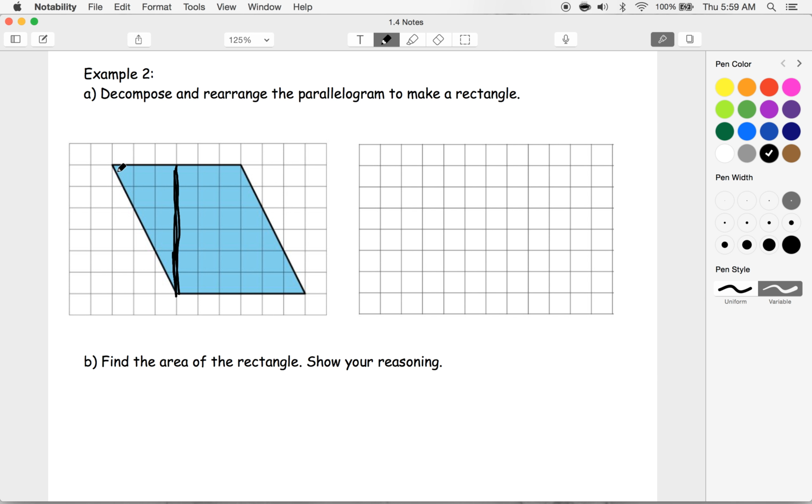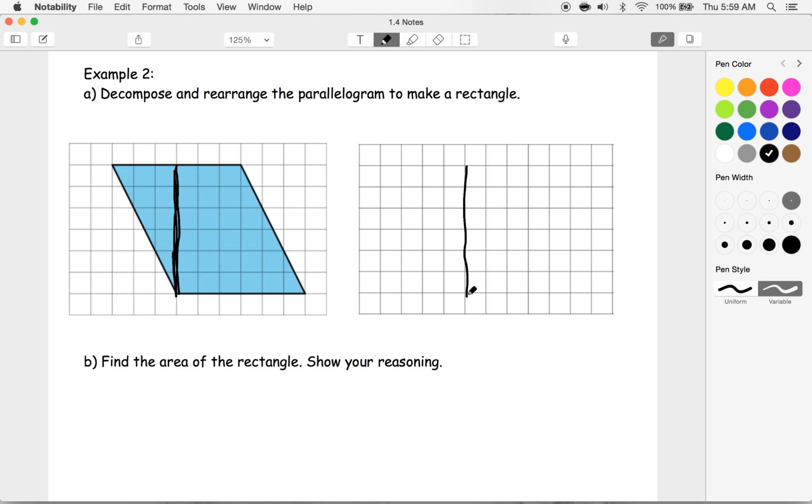That triangle there is a 1, 2, 3 by 1, 2, 3, 4, 5, 6 triangle. So if I cut that off, I'm left with this.